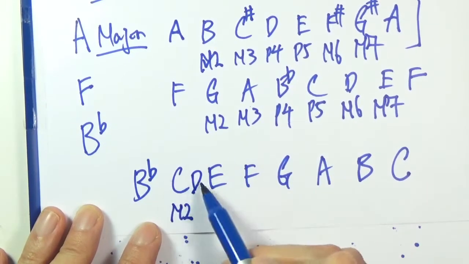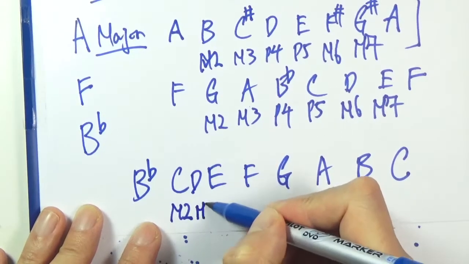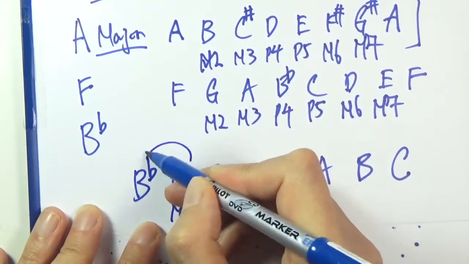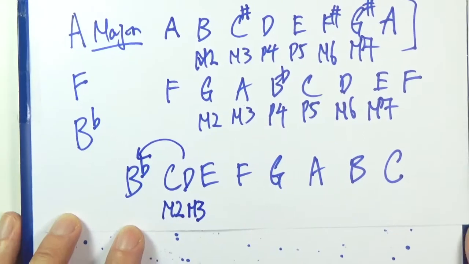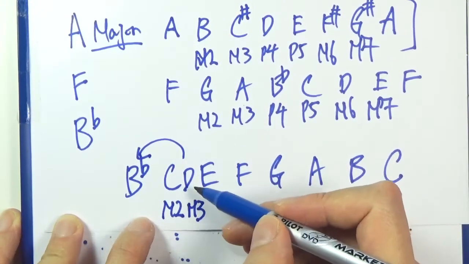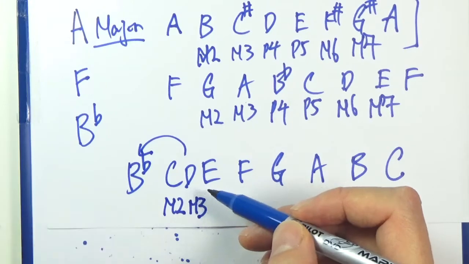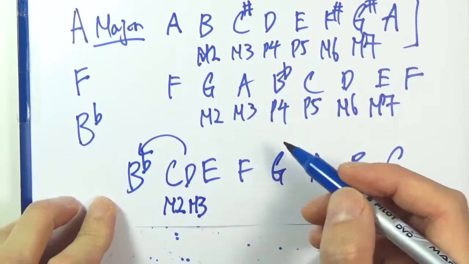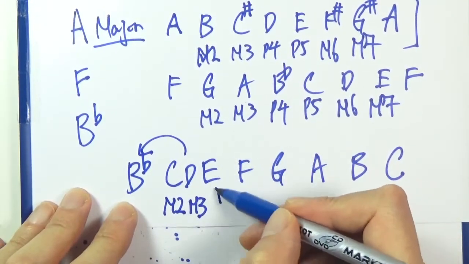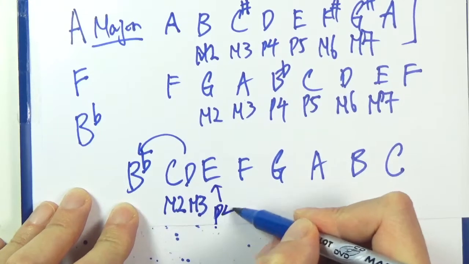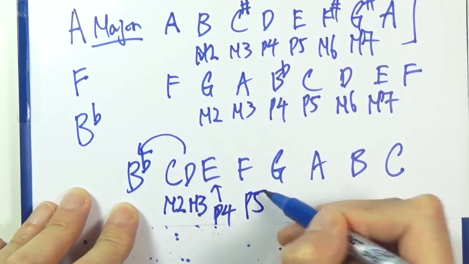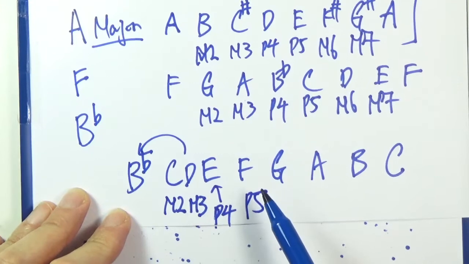B, C, D. D is already a major third, which is great. By now, you should be pretty familiar with the intervals, so I'm assuming that you're already familiar with intervals and I'm not explaining much here. E is already a perfect fourth, great.